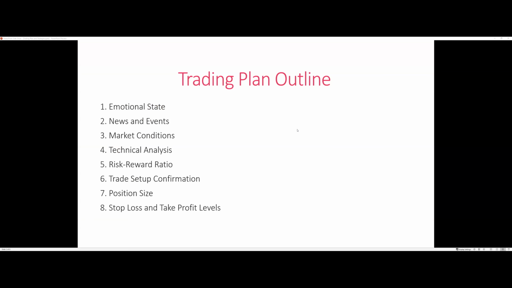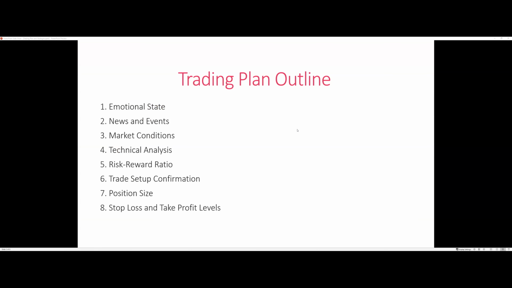So here is the trading plan outline. This is one thing that I usually follow to the T before I get into a trade. One, I check my emotional state, whether I am happy, overconfident, trading after a loss, or maybe revenge trading. I check myself and see what type of state I'm in. Next, make sure there is no economic news coming up that may affect your trade.